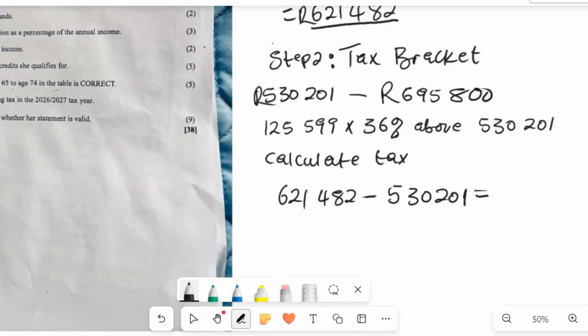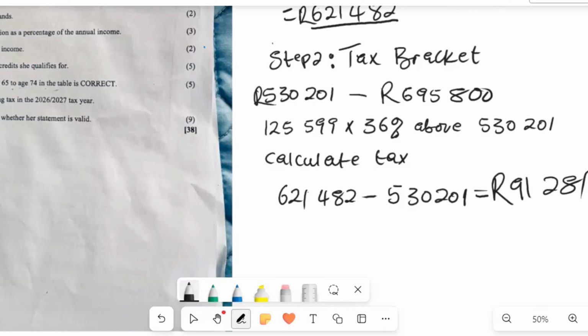And how much is that going to be? Do your own calculations. And I hope you have calculated to get 91,281 rands.